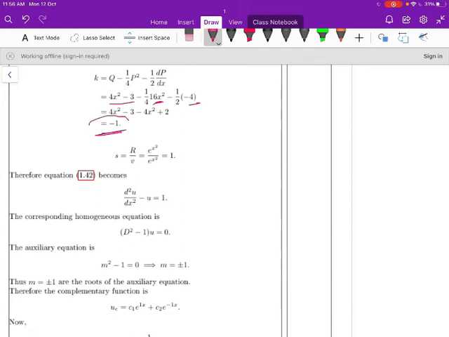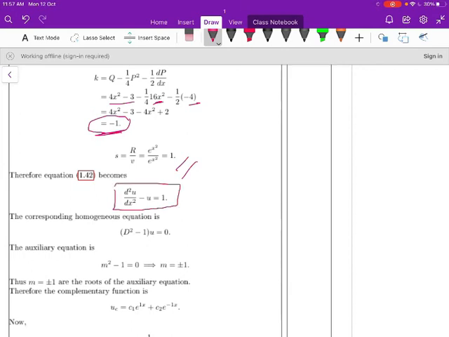After simplification we have minus 1. K is a constant, as I already told you, k may be a constant or a constant by x² form, but here k is minus 1. Yes, r by v we already calculated: r is e^(x²), so s of x is equal to 1.